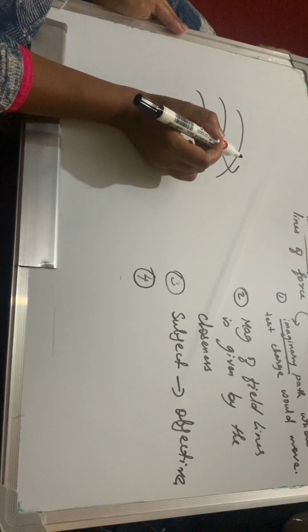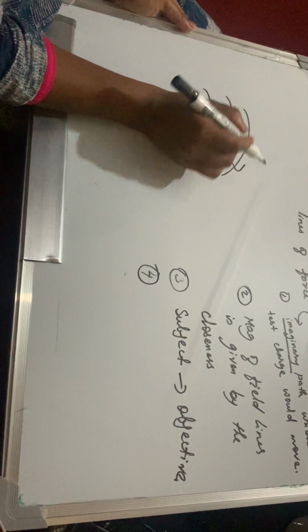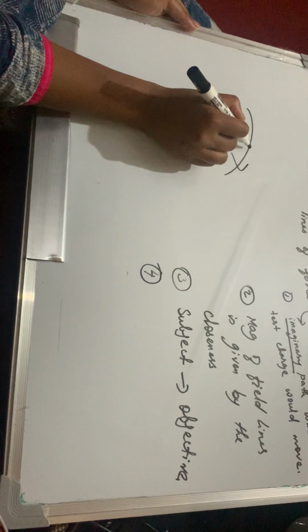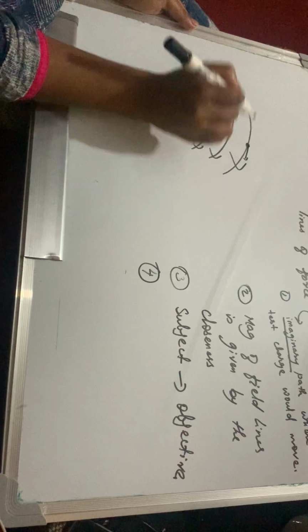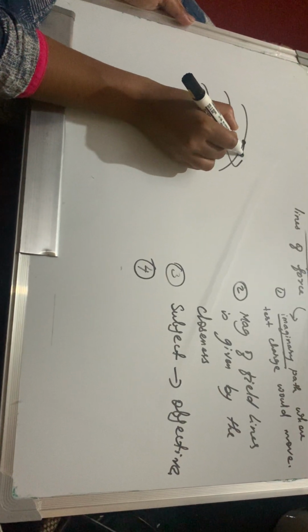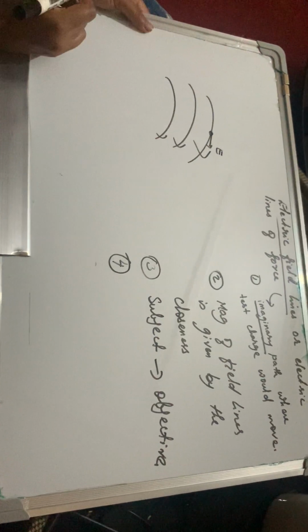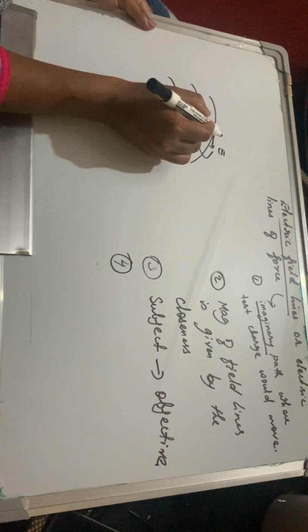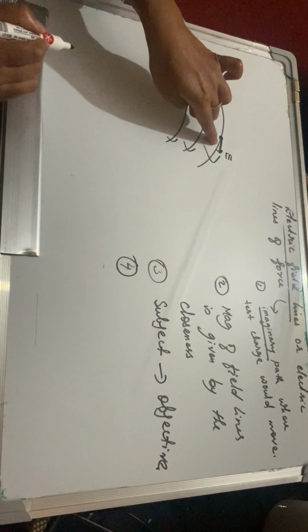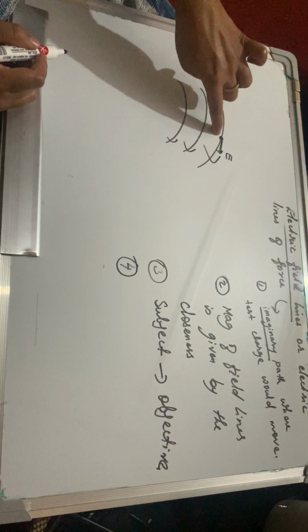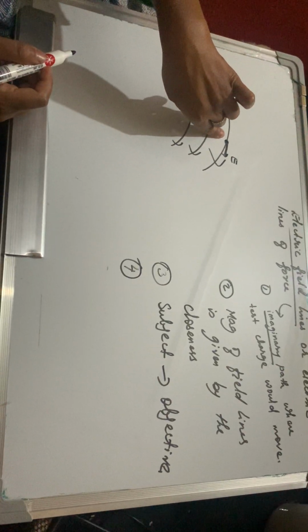Now at an individual point, if we draw a straight line, it gives the direction of the electric field at that point. So at this point, what is the direction of electric field? The direction of electric field is given by the tangent to that point. That is one of the applications of the field lines.